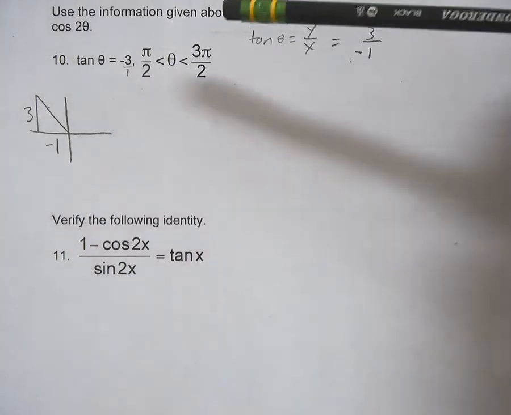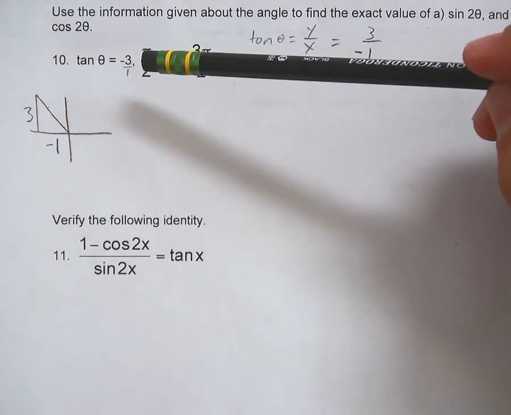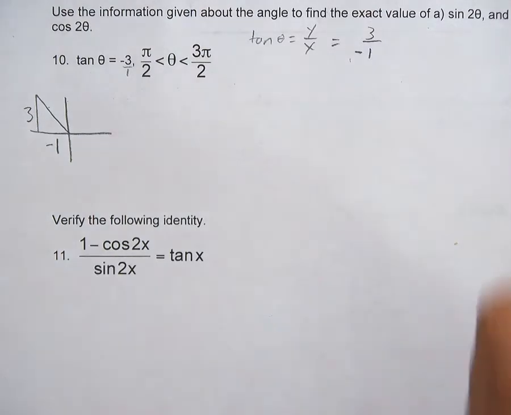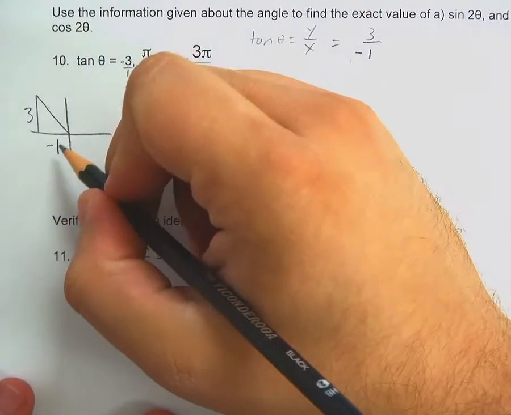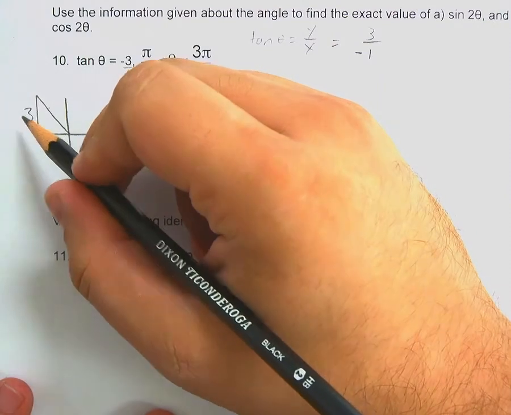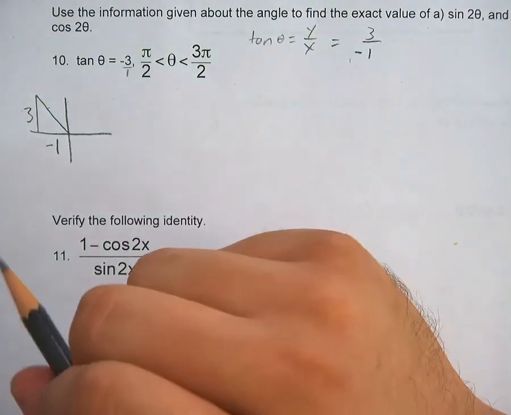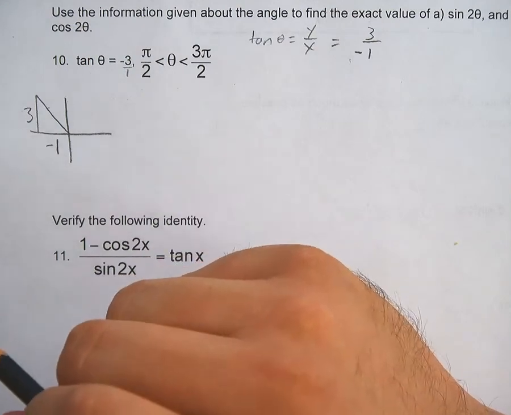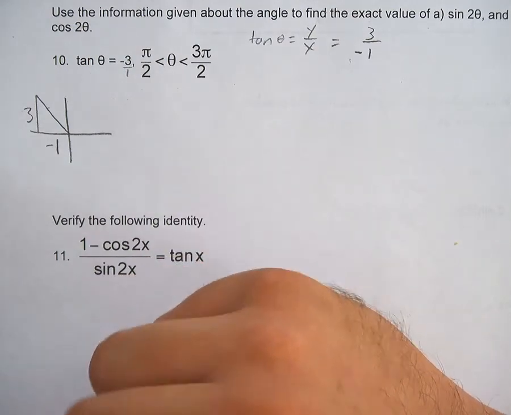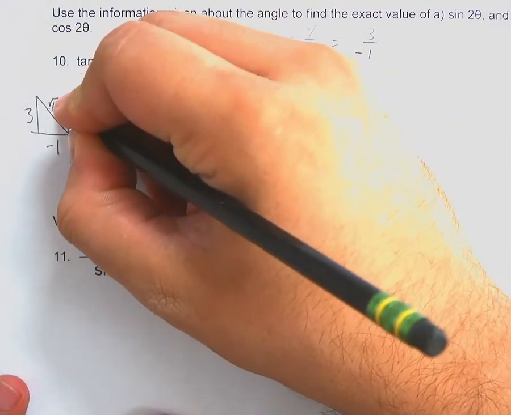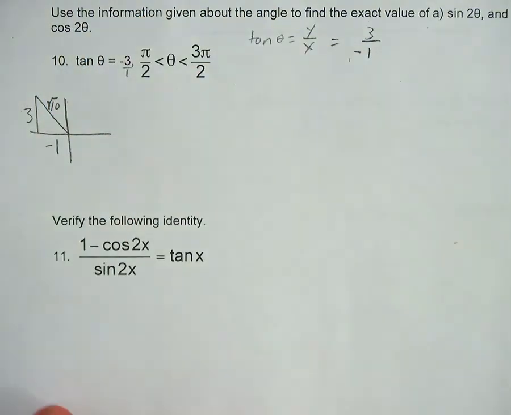Don't just assume because it says it's negative 3 that the negative goes with the 3, okay? So on here, little Pythagorean theorem, 1 squared plus 3 squared is 10, and then you take the square root of that, so square root of 10.